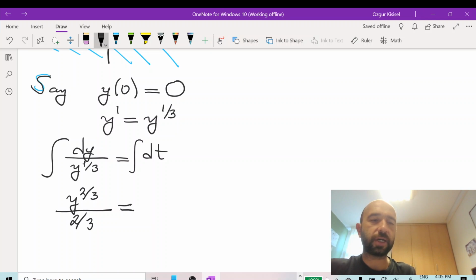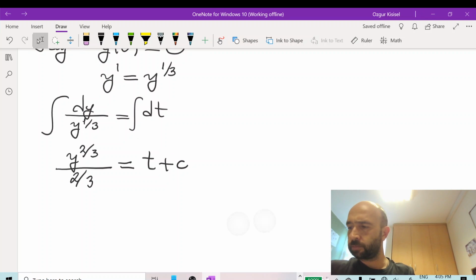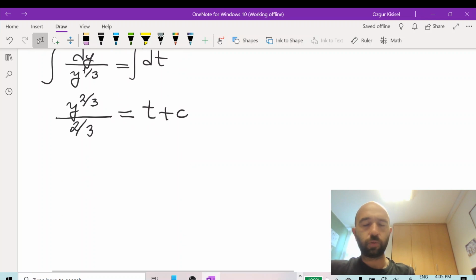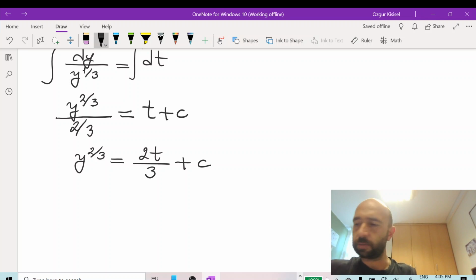And on the right-hand side, you'll get t plus c. Now, we could solve this with some arithmetic. I could say y to the power 2 over 3 is equal to 2t over 3 plus, let me say c again.